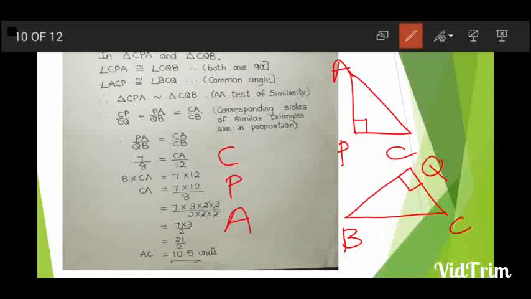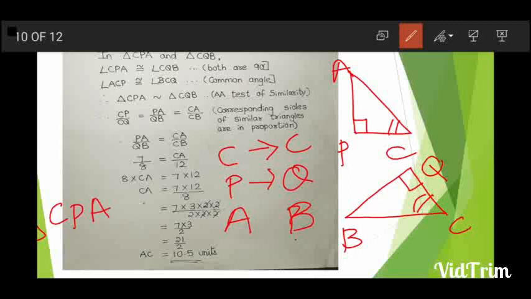P is 90 degrees here, and here Q is 90 degrees. Both will come together. Then what is common? Angle C is common in both. So here C means, here also I'll write C. Then which is the third alphabet left in the second triangle? B is left. So I'll write B. That means the names of the triangles will be triangle CPA and triangle CQB. This order shouldn't change.